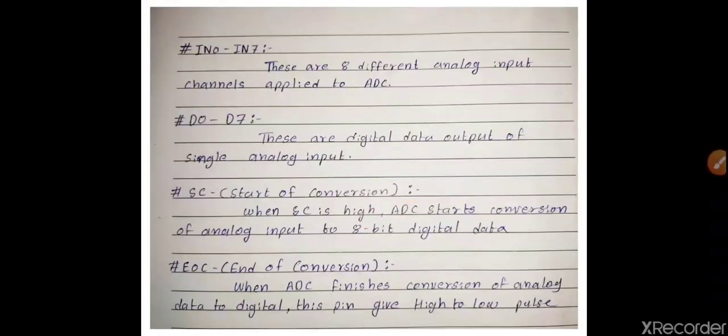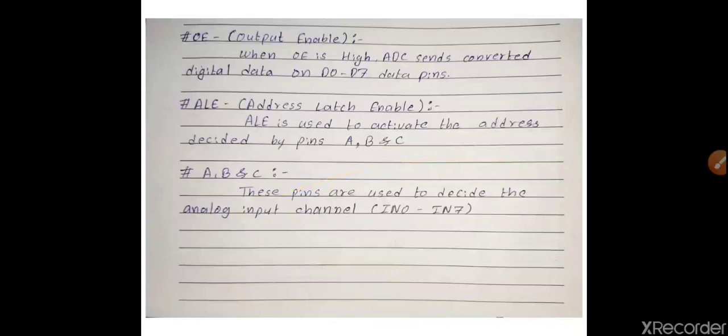So here are some basic functions we already discussed about pins of ADC: analog input channels, D0 to D7, that is digital outputs, start of conversion, end of conversion, output enable, ALE and ABC.